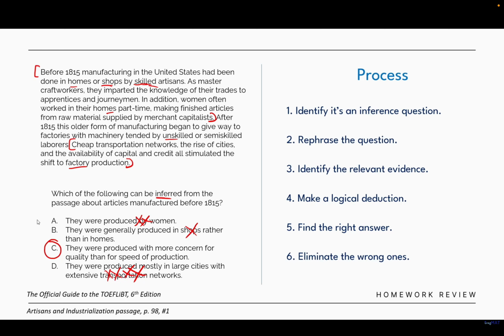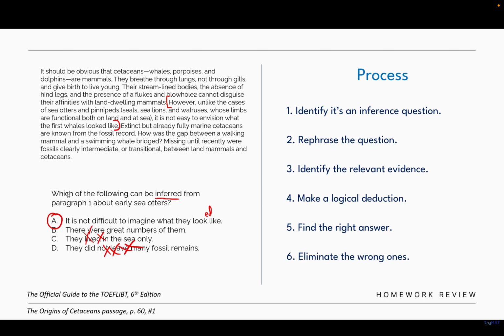Yeah, so the origin of cetaceans, I made a mistake again. I don't get it. Cetaceans. This one here? The previous, yeah. Okay, so remember, an inference is really like a deduction, right? And so do they actually give us any information about sea otters directly?